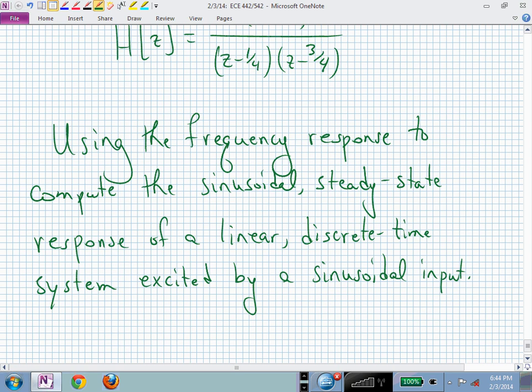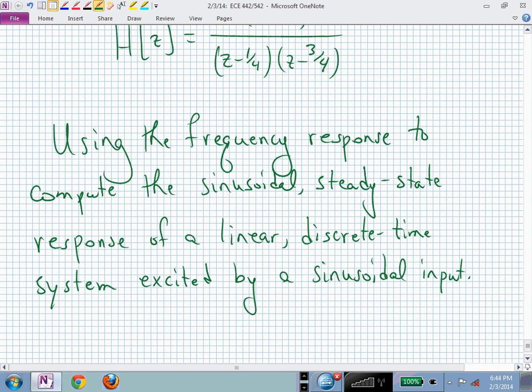So now if I give you a sine wave or a cosine wave, you need to find out what its angle is, that omega sub d t or the theta sub d. Then you can use that in your system's Z-transform. You can evaluate your system at e to the j theta sub d. That gives you a complex number.